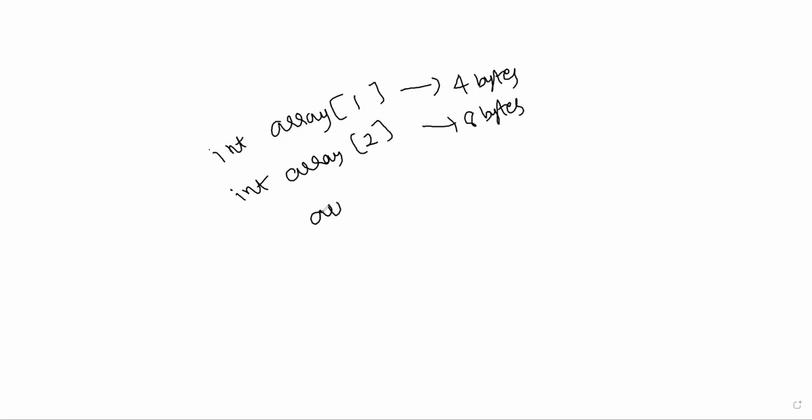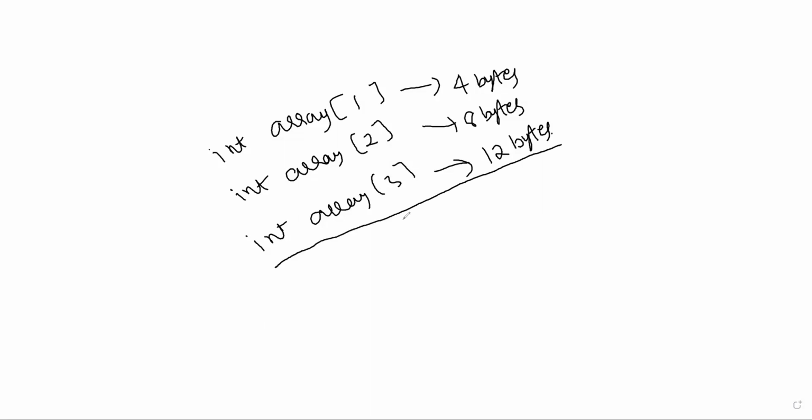If it is 3, then how many? 12. Okay. So what is this? This is called a dynamic variable, because the size of the variable can be increased. It can't be decreased though.